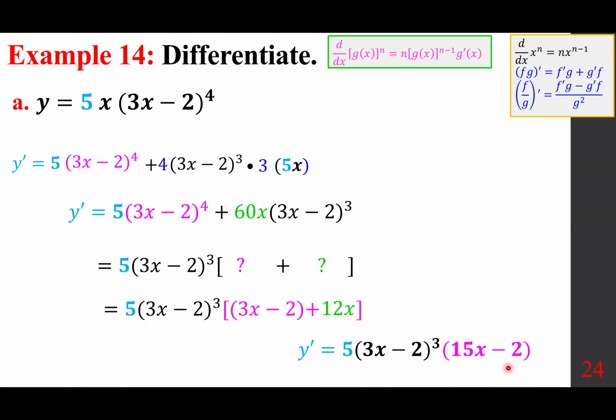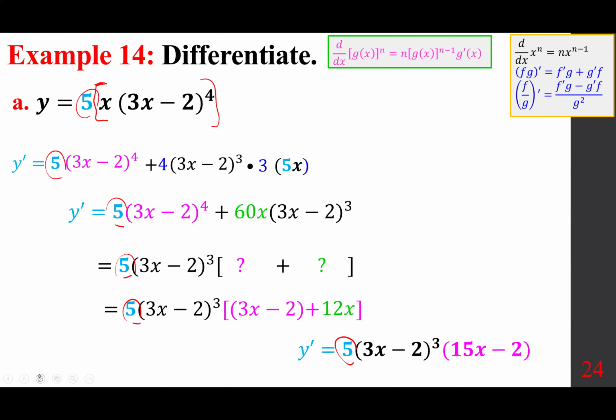Now, this is done. What I was mentioning in the beginning is the following, everybody. If you put brackets here, notice the 5 carries. So you could take the 5 out in the first place.